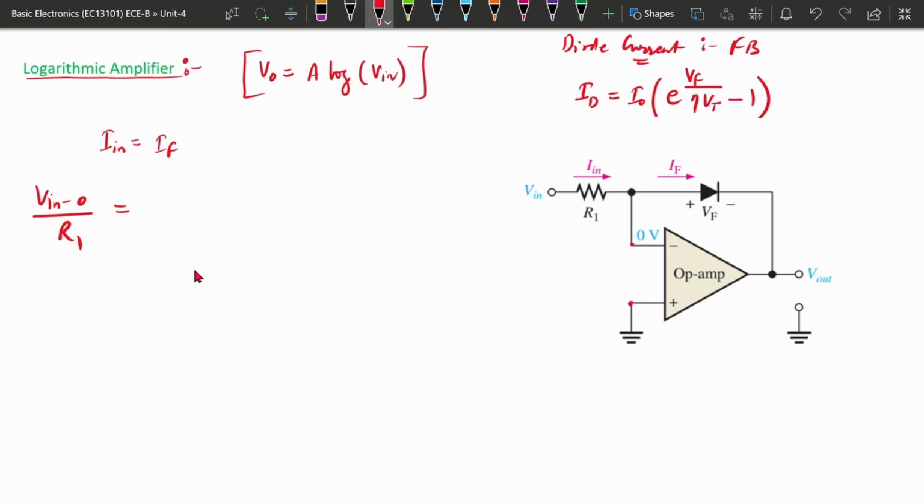We have gone through this in previous classes, so you can review that. This is the basic equation of diode current.